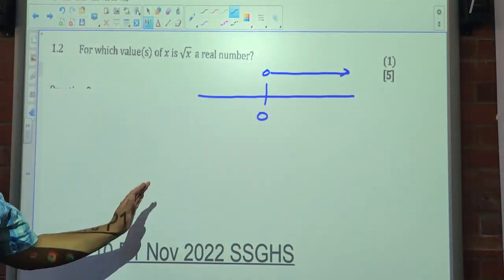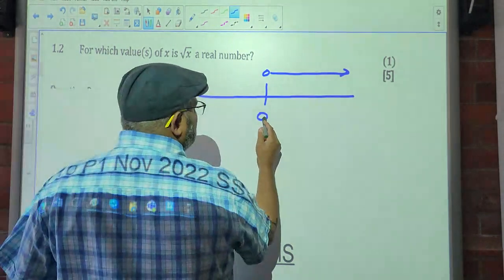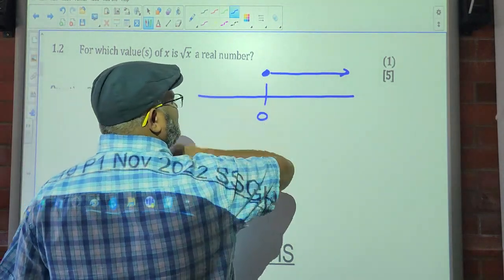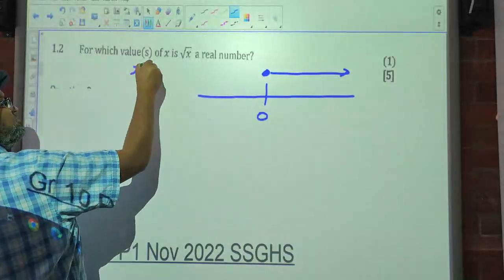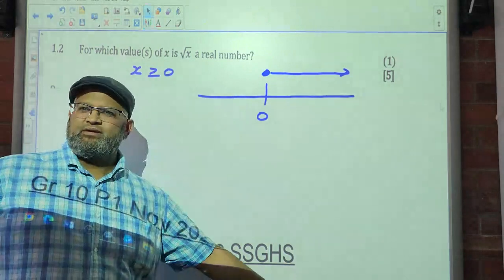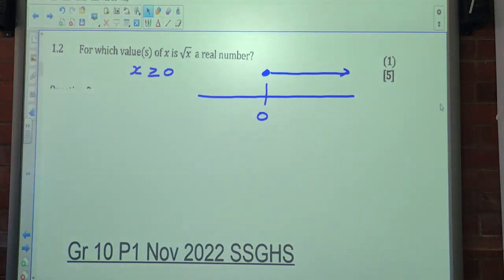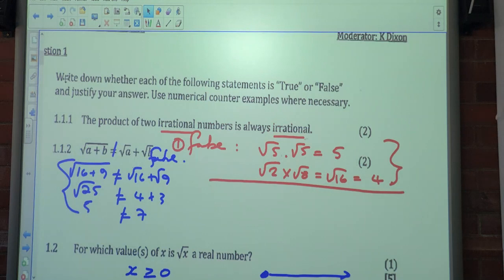All of those numbers are positive. What's the square root of 0? 0, so I can include that as well. So in other words, x must be greater than or equal to 0. This is not a true or false question. The true or false question was 1.1.